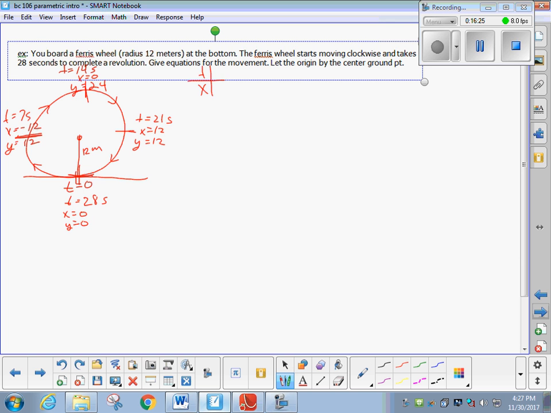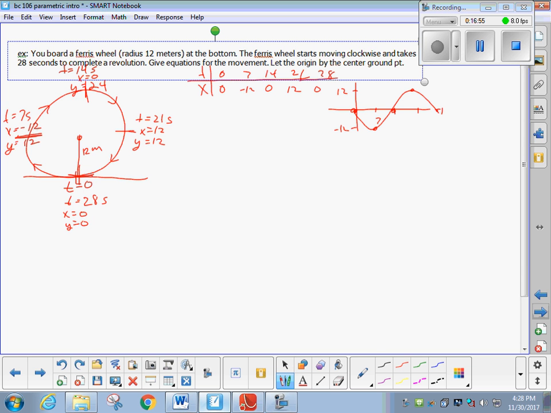The x time relationship is 0, 7, 14, 21, 28, and the x's are 0, negative 12, 0, 12, 0. The graph of that relationship then would look something like this. And it would be something like boom, boom, boom, boom, boom.